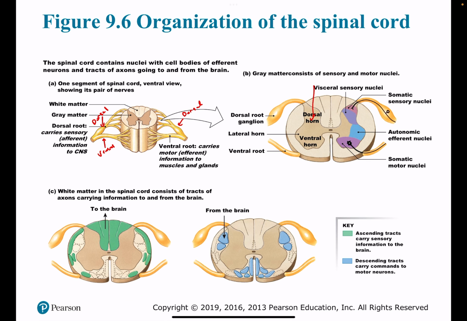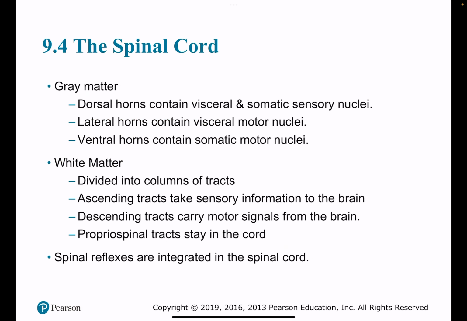Okay, so that means I want to go back to this side. Gray matter, not particularly. What was I thinking? So what it's going to control is visceral and somatic sensory. If it's the dorsal one. If it's dorsal. Dorsal we already know to be sensory. So what is visceral?